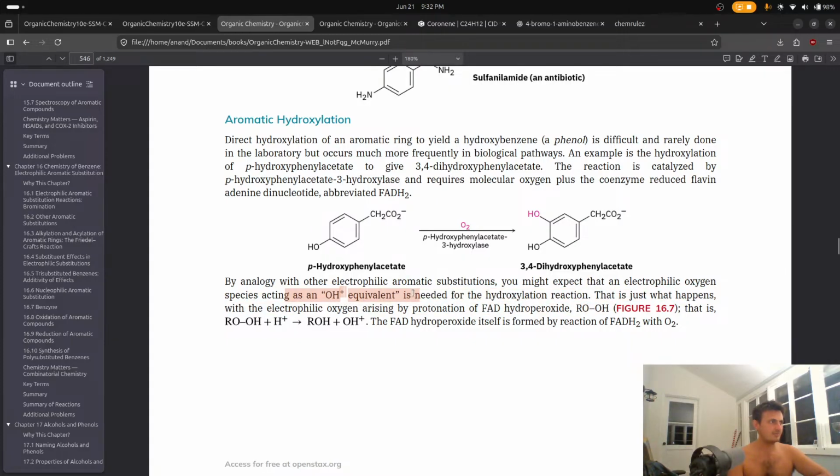That is just what happens with the electrophilic oxygen arising by protonation of FAD hydroperoxide. That is OH+.